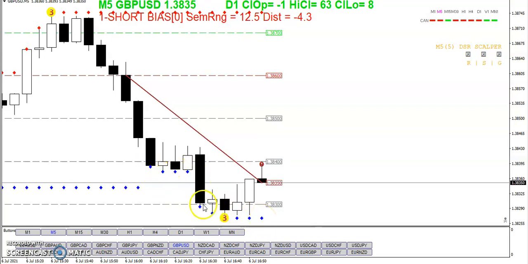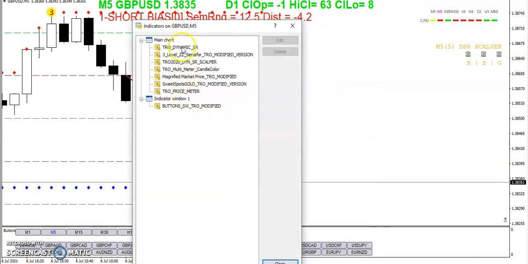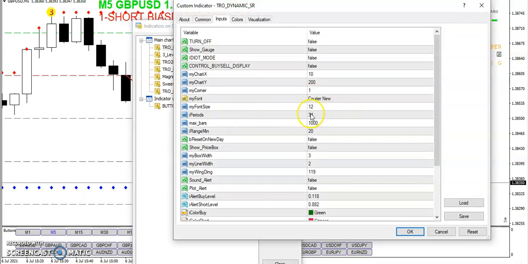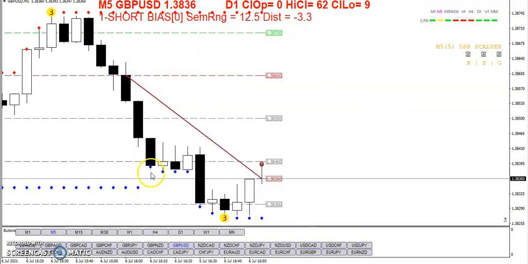This is what the three ball has done, because I took the dynamic support resistance indicator, and normally it's set to 5 to match the one ball, but I set it to 34 to match the three ball, and it pretty much shows you the movement of the three ball when it appeared and what happened next.